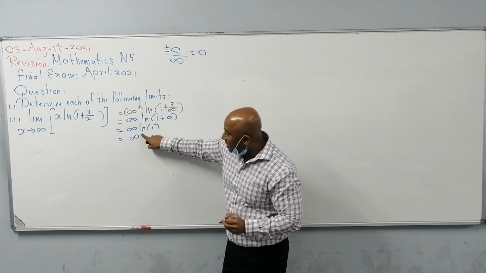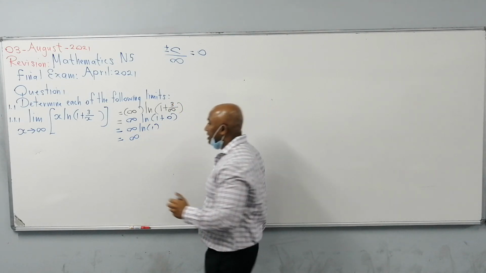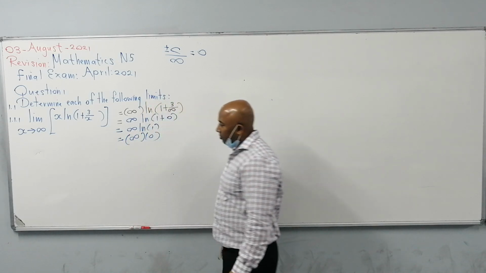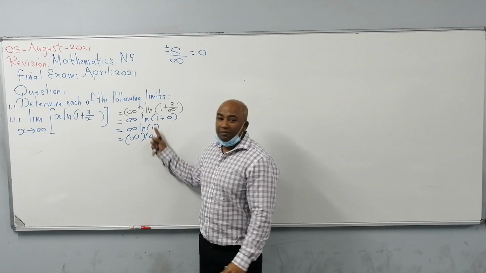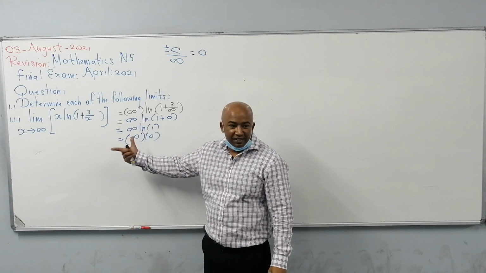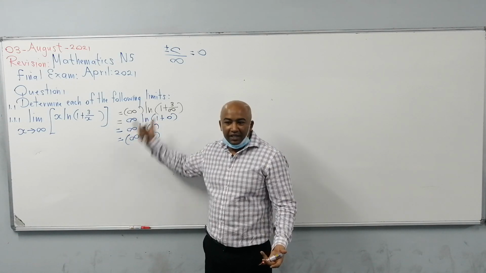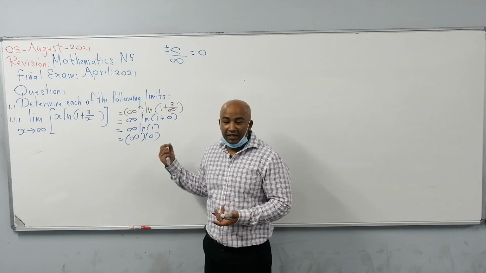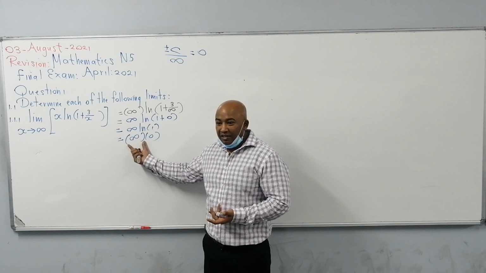So now, ln of 1 is 0. Now, 0 times any real number that we know of, whether it's positive or negative, is 0. Infinity is something that we do not know the value of.